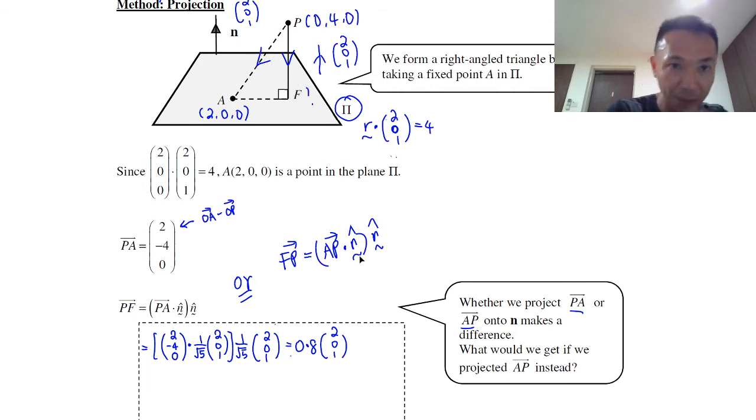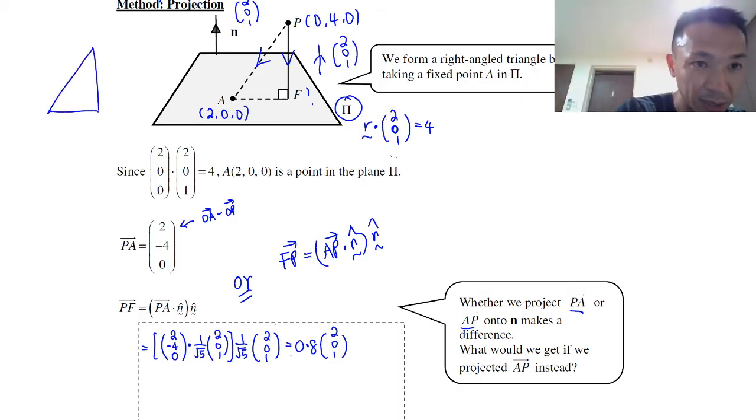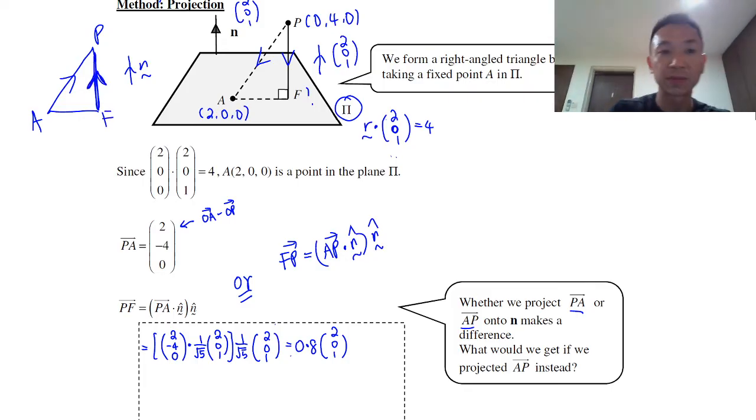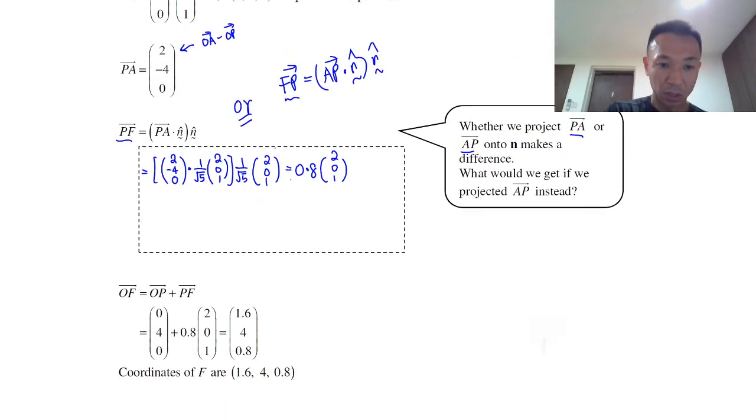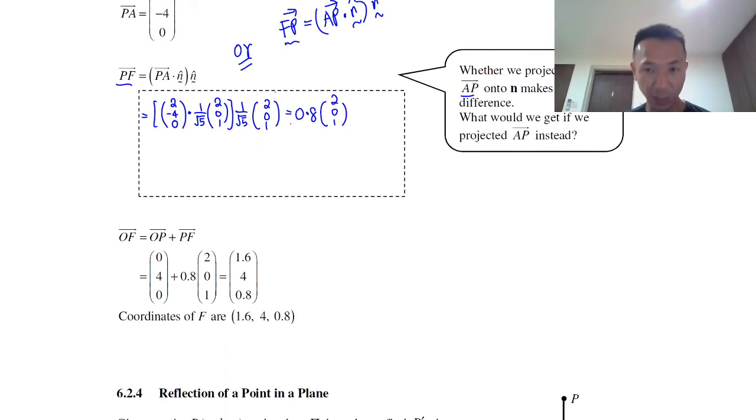I repeat one more time. If you project AP onto the normal vector, you will actually get FP, this direction. Get it? So we must be very careful. What have you found? In our case, we have found PF. You could have found FP as well, but it's the other way. So anyway, we have found F in another way.